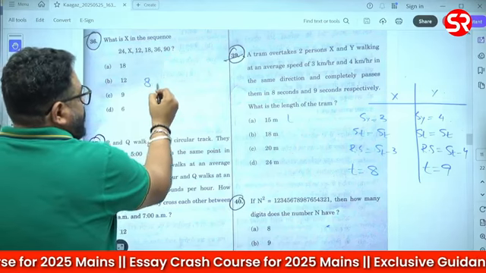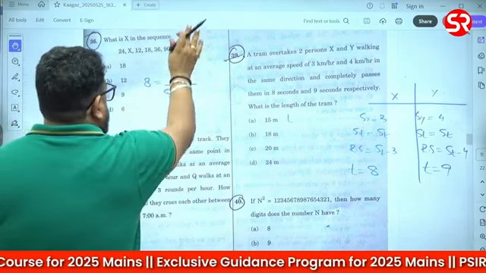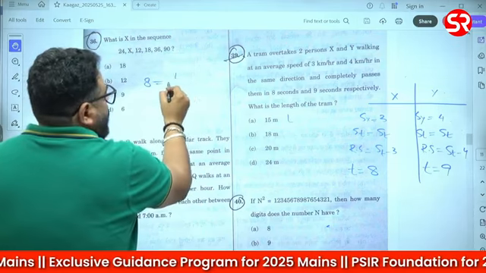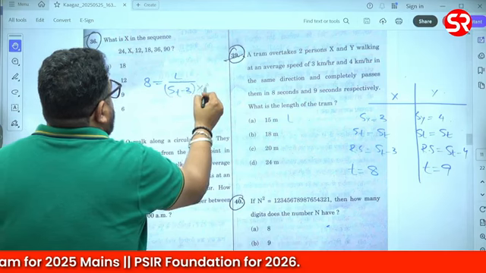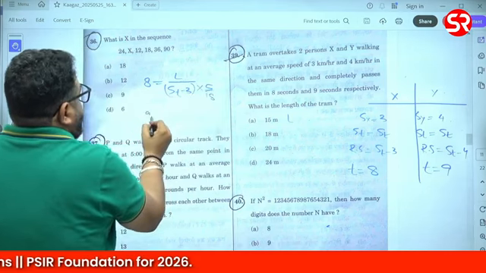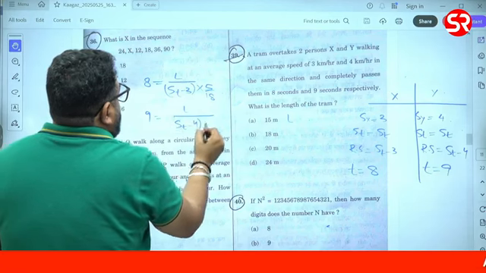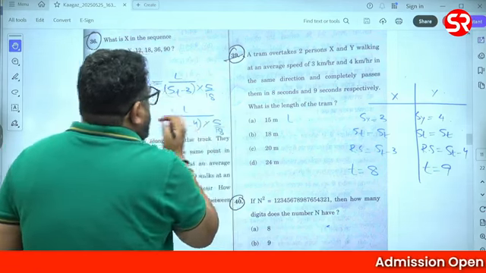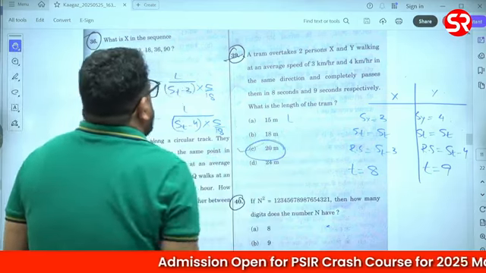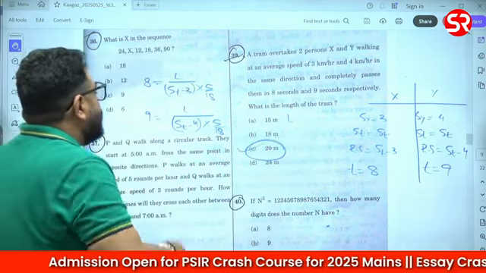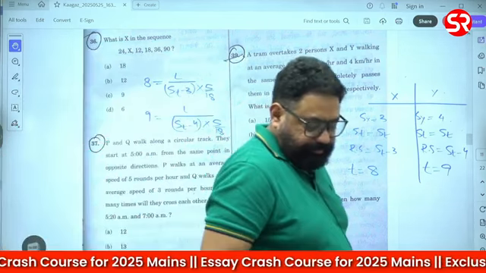So 8 is equal to L upon relative speed, L upon st minus 3 by 8, and the second, 9 is equal to L upon st minus 4 times 5 by 8. And guys, when you solve, give me the answer first. Find st, replace L, the length of the tram.